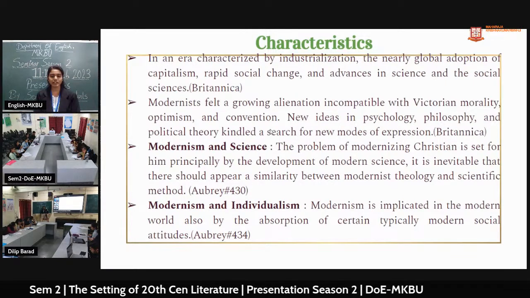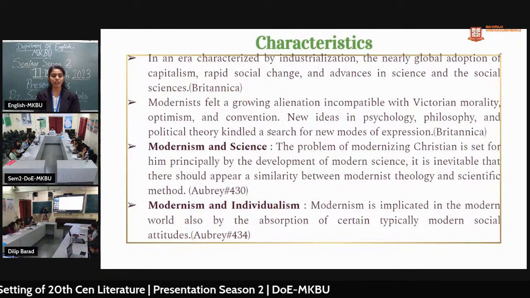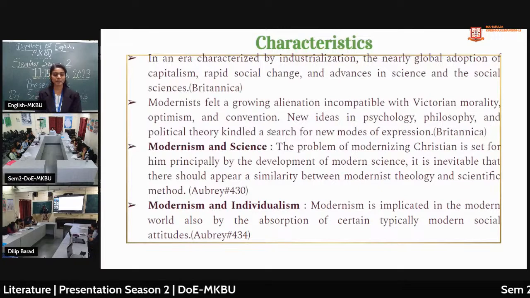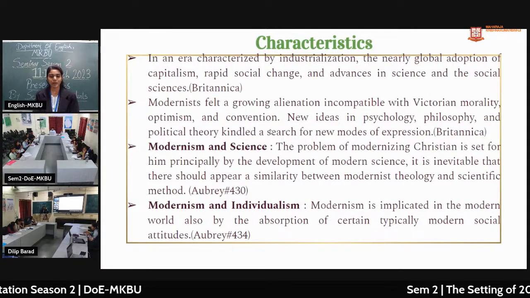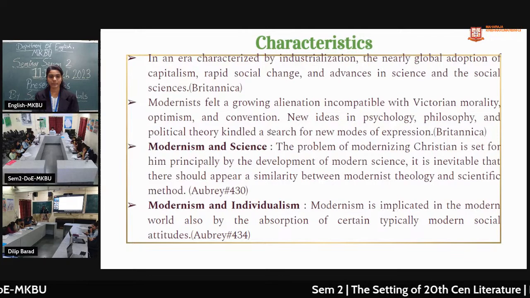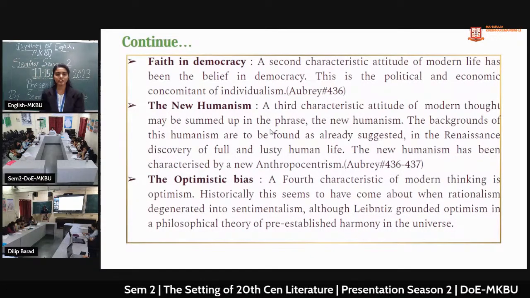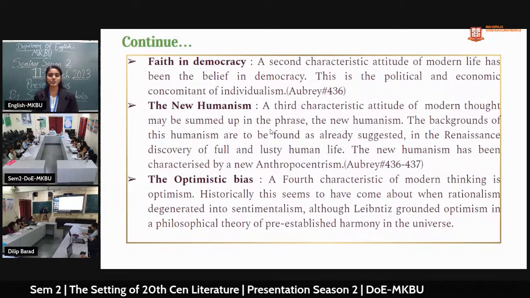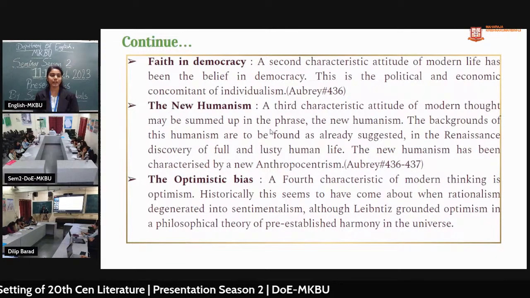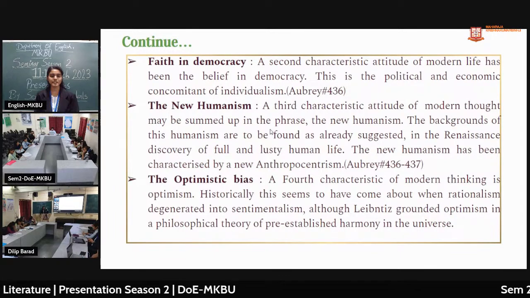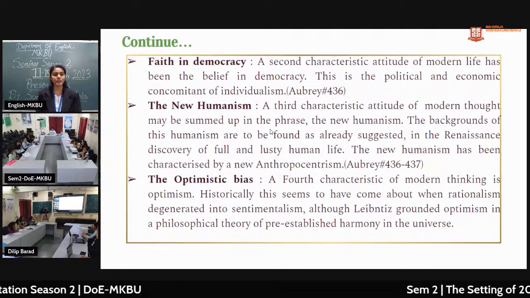Modernism is implicated in the modern world also by the absorption of certain typically modern social attitudes. Faith in democracy: a second characteristic attitude of modern life has been the belief in democracy. This is the political and economic concomitant of individualism.